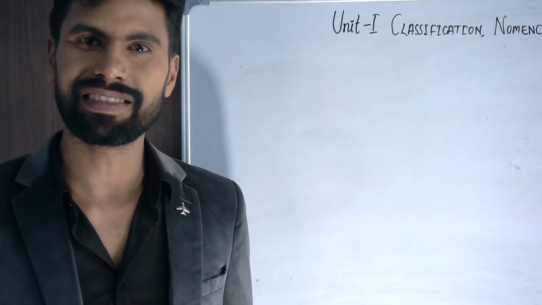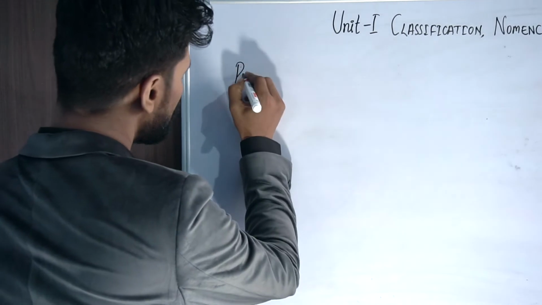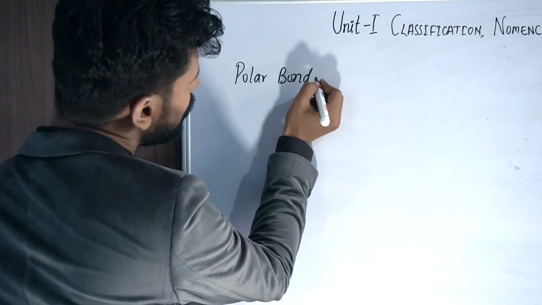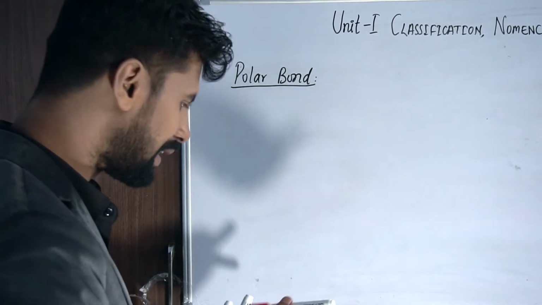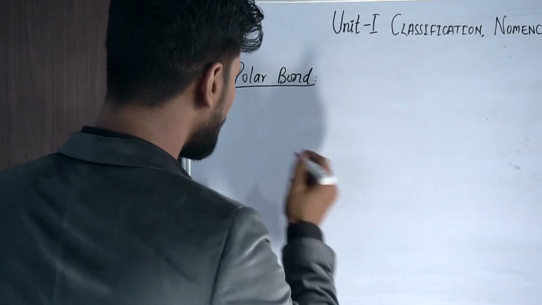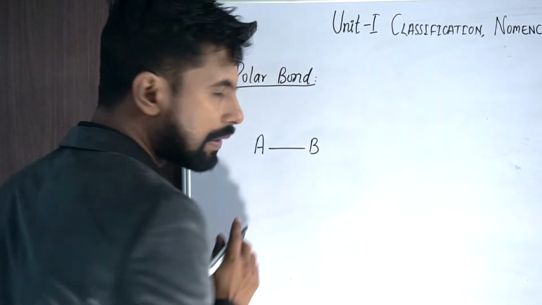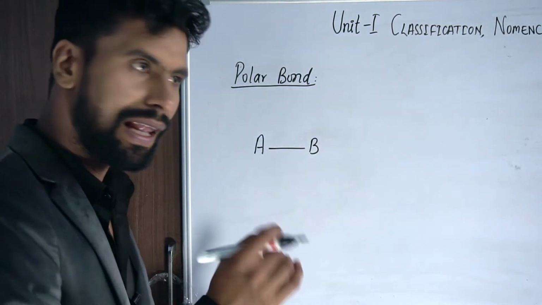The next basic concept which we are going to discuss is polar bond. Okay. So what is polar bond? You might have heard about it multiple times. So it is the same as electronegativity. Suppose there is a bond between A and B where A is more electronegative and B is less electronegative.